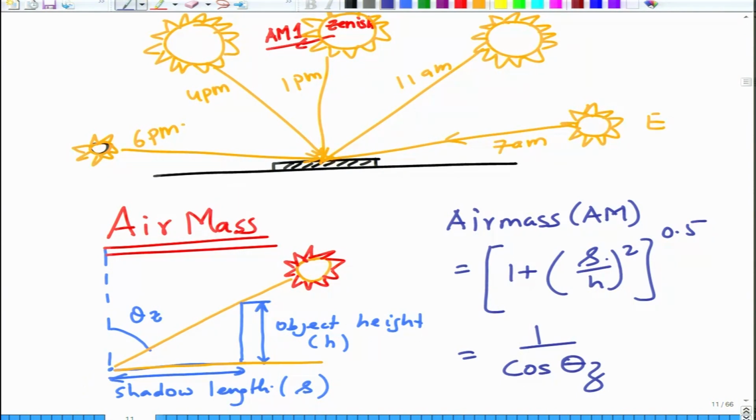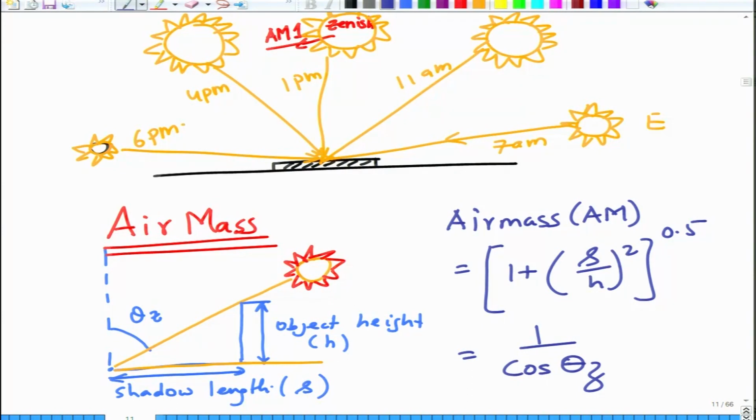If the shadow length is going to be extremely large as compared to H, which means air mass is going to be higher, right, and when it again goes beyond the noon, again the shadow length is going to be larger, the air mass is going to be higher. It is only when sun is at the zenith, the air mass is equal to 1. So, this is the standard value 1, you need to calculate other values with respect to 1.